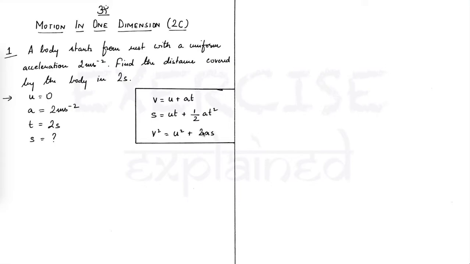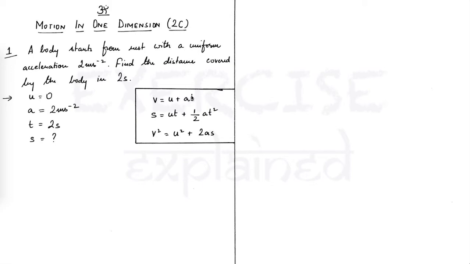Now the biggest doubt comes in selecting which equation we should use out of these three. The clue here is whichever will have a single unknown, we will be choosing that. So let us see the given data. U is there. So let us compare with the first equation, that is v is equal to u plus at. In this, u is there in the given data, a is there, t is there.